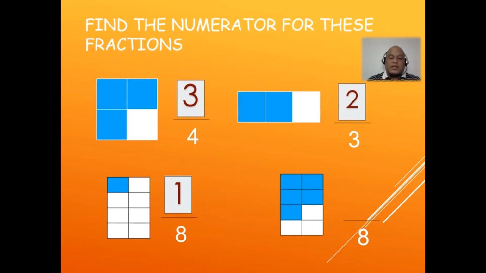Next is a rectangle divided into 8 equal parts. I colored 5 parts. What is the numerator? 5. Or we can say 5/8.